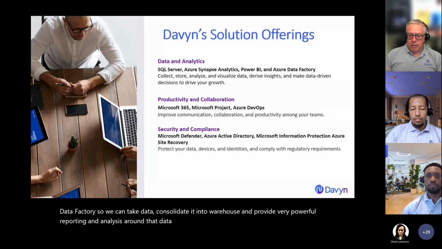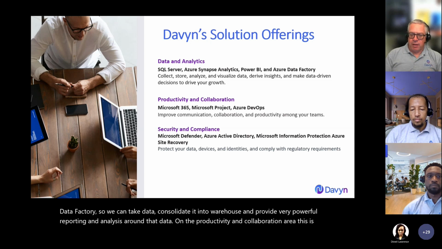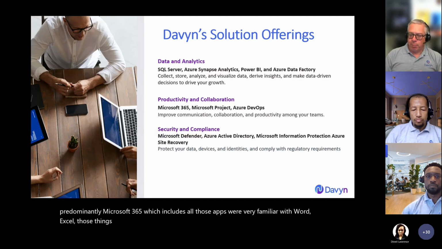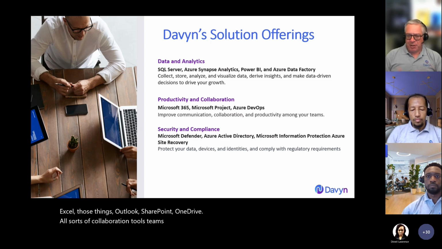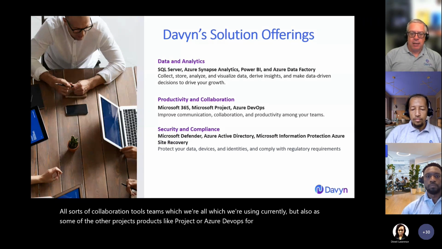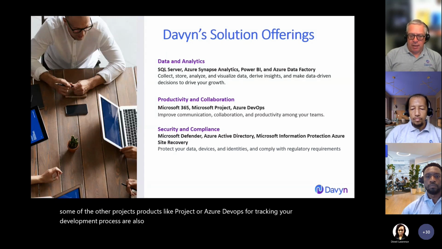On the productivity and collaboration area, this is predominantly Microsoft 365, which includes all those apps we're very familiar with, Word, Excel, Outlook, SharePoint, OneDrive, all sorts of collaboration tools, Teams, which we're using currently, but also some of the other products like Project or Azure DevOps for tracking your development process are also part of this suite.